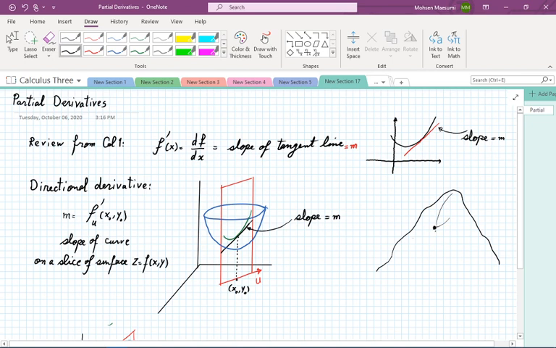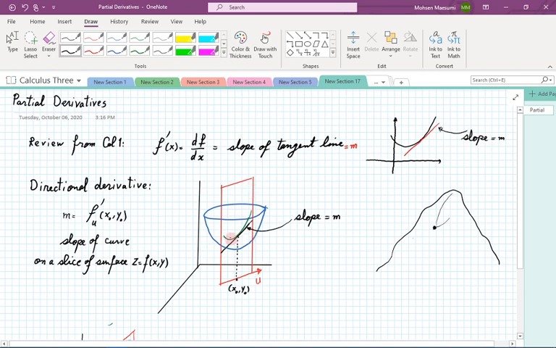If I have a surface like this blue surface here, so this is z equal to f of x and y, the graph of it looks like a surface. If I want to define a directional derivative, it means choose a point, choose a direction like this vector u, build a plane right on top of this point and this vector, and let this plane slice your surface.